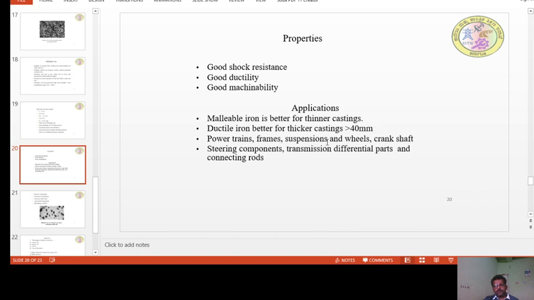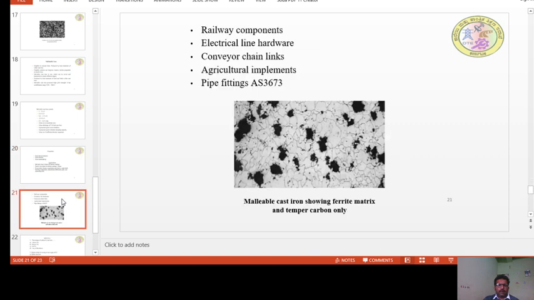Powertrains, frames, suspension and wheels, crankshafts, steering components, transmission differential parts, and then connecting rods, all are made by this cast iron. And coming to the microstructure, look at here, we have got a white matrix, and then the dark portions are tempered carbon.